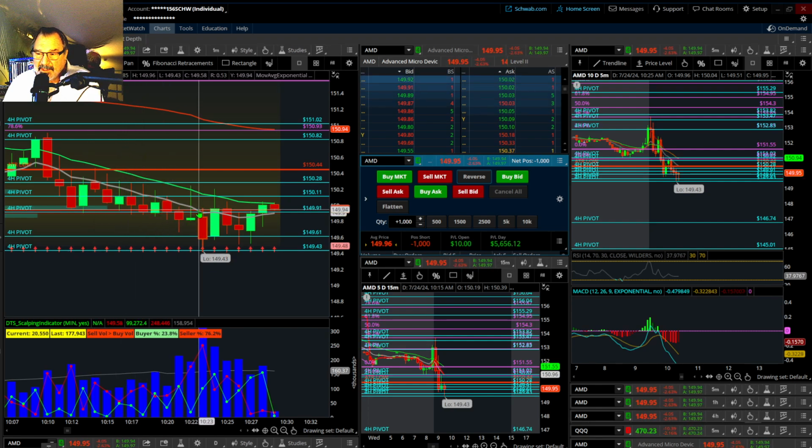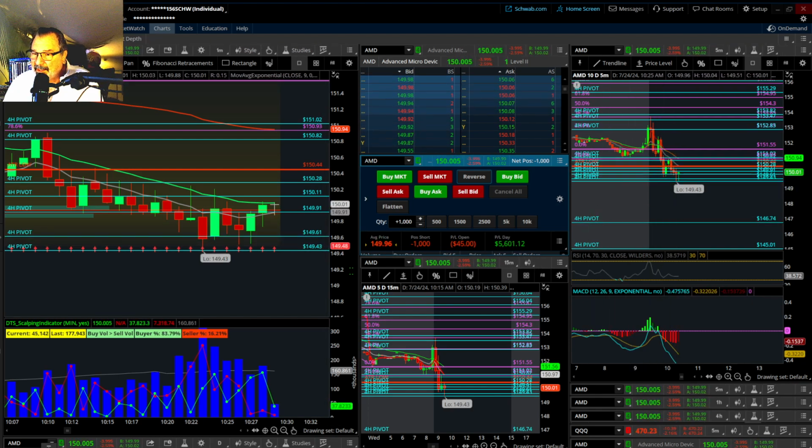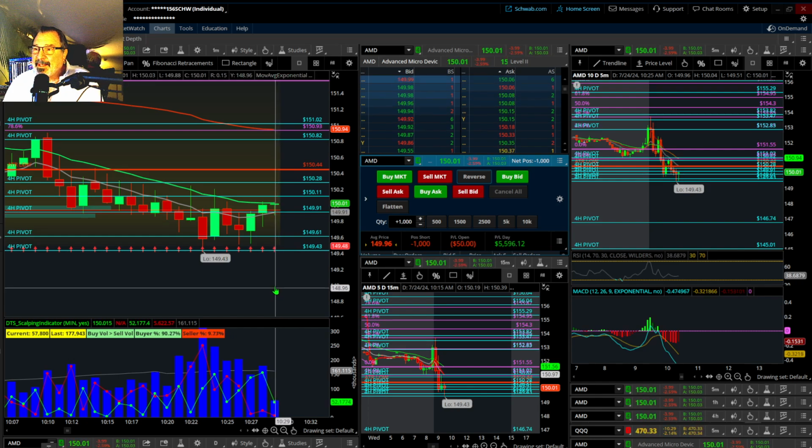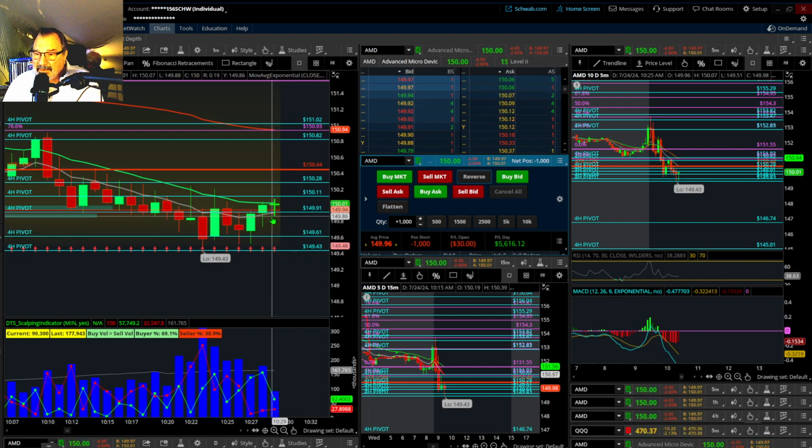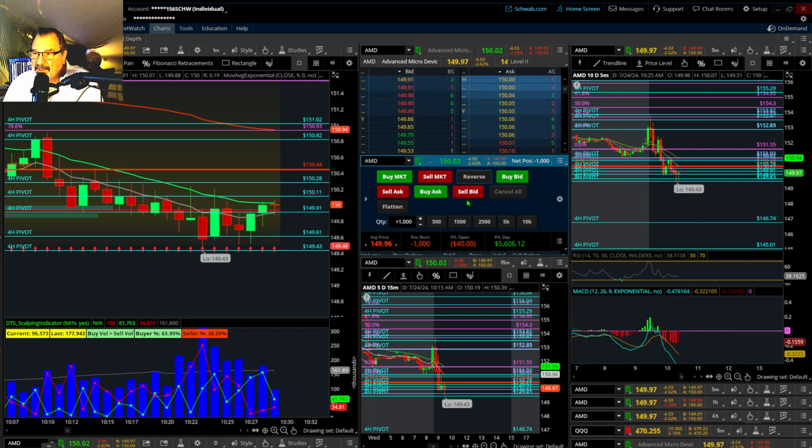So I'm seeing the price action pull right up on this point of control, which is a little concerning. If it pops this up, then I'm in the wrong position, that maybe it's going to swell back up. So I'm a little worried about that. And it's making me want to go the other way now because I'm not sure that it's going to keep this position here.